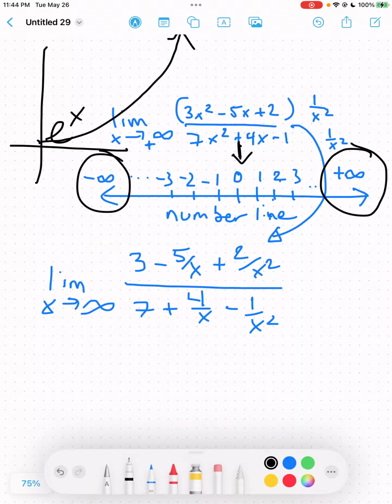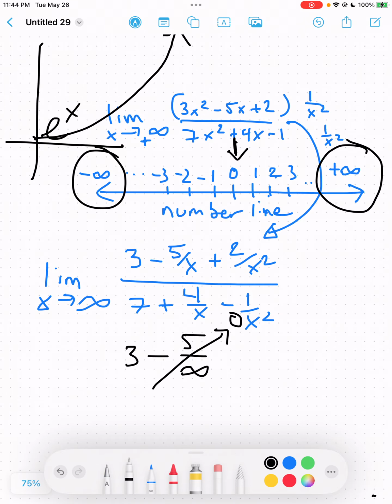Okay, so let's see. X as approaches infinity would be 3 minus 5 over infinity. If 5 is in the numerator and infinity is in the denominator, 5 over an infinitely large number would be actually closer to 0 than anything else, right? Plus 2 over x squared. 2 over infinity squared.